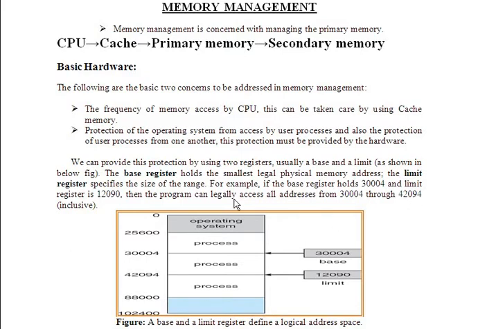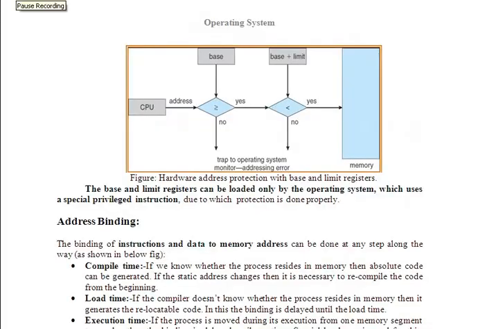So this is a program which has legal access to addresses between 30,004 to 42,094. This is how we can achieve the protection here. Hope it is clear what the base register and limit register are and how they help us protect our system.